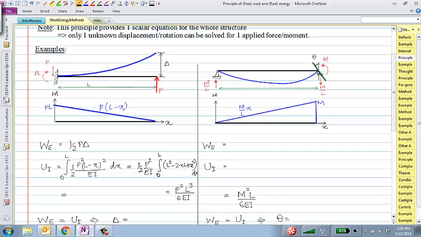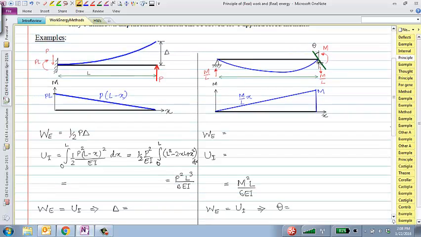Sorry, I'm scribbling here a little bit. And then if I integrate that, I would get half times P square over EI times the integral of L square, which is L square x minus 2x square L over 2 plus x cube over 3 between 0 to L. And if you calculate that out, it should come out to P square L cube over 6 EI.